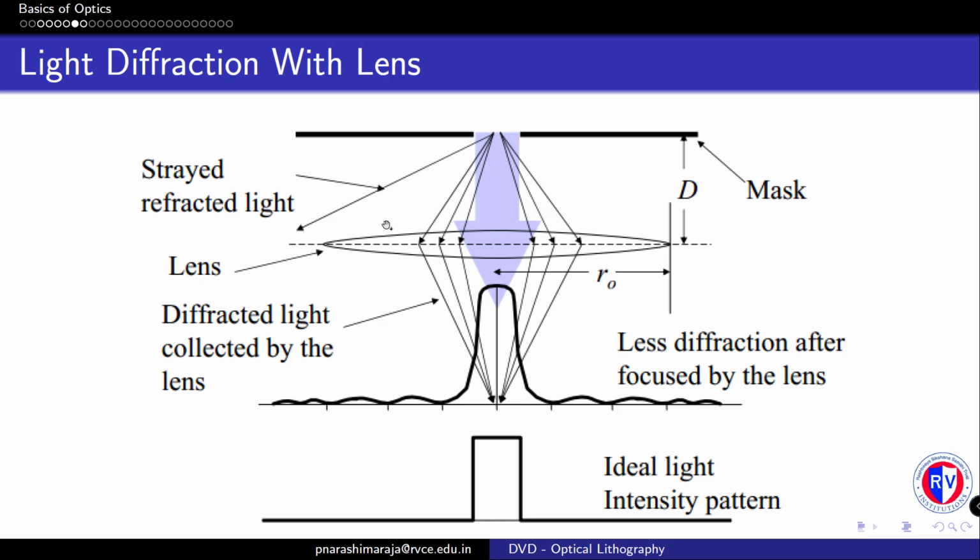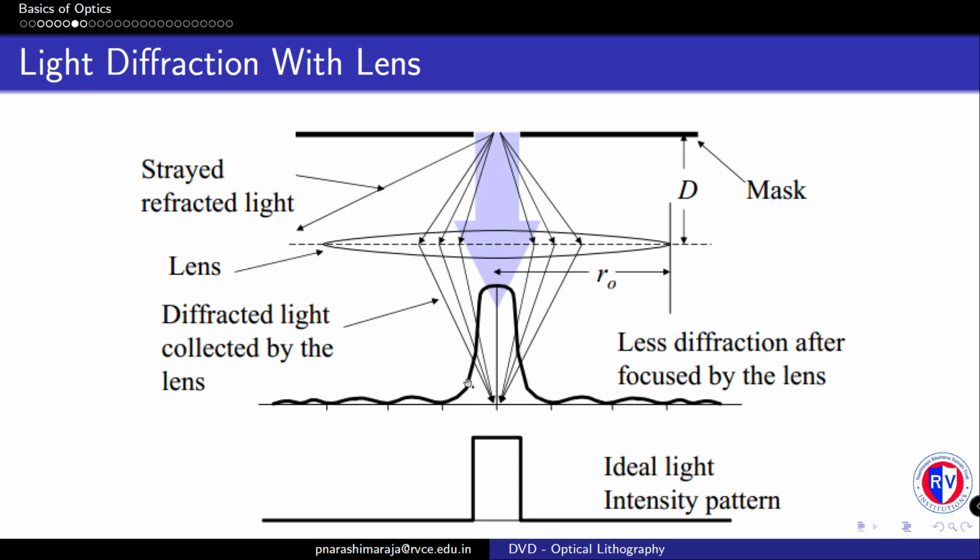If the diameter of the lens is very large, you would produce an image or intensity pattern something like this. But practically, it's impossible to have a very large diameter lens. So losing this high frequency information, we would have a smoother intensity pattern as shown in this particular picture.